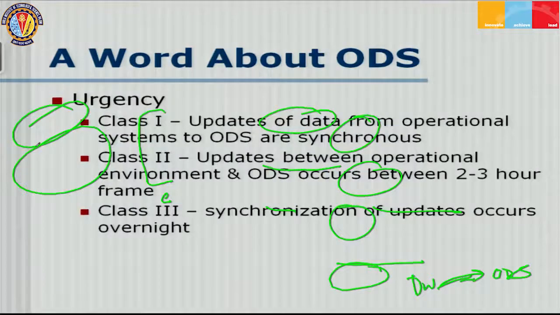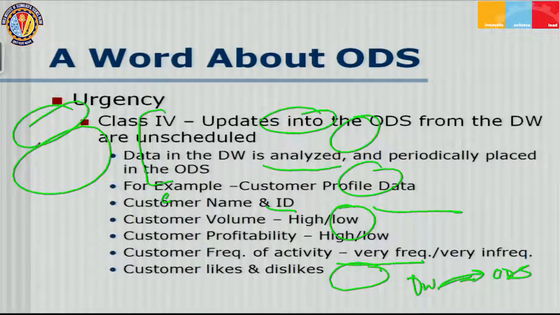So this is the context. This I have just explained in the form of a table, also annotating that with transformation details. And class 4, as I said, is updates into the ODS from the data warehouse, which are unscheduled.